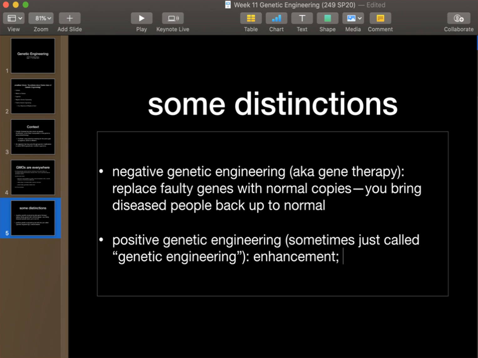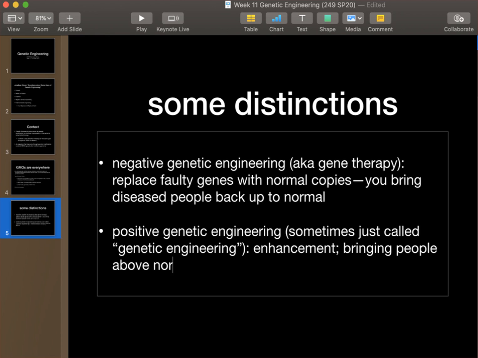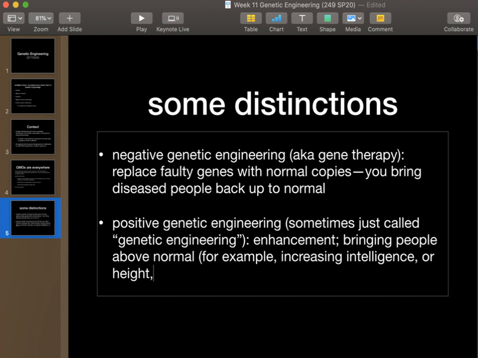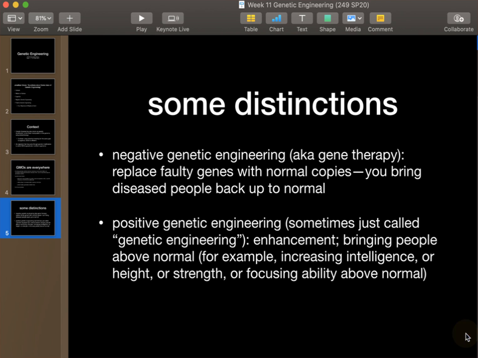Okay? Bringing people above normal. For example, increasing intelligence, or height, or strength, or kind of like a focusing ability above normal, above what it would be normal for that person or maybe for the species. Okay?